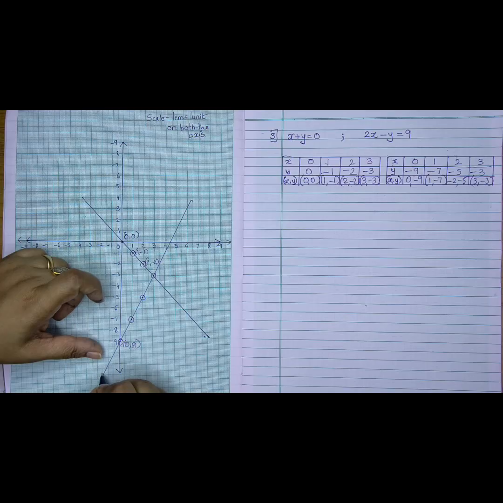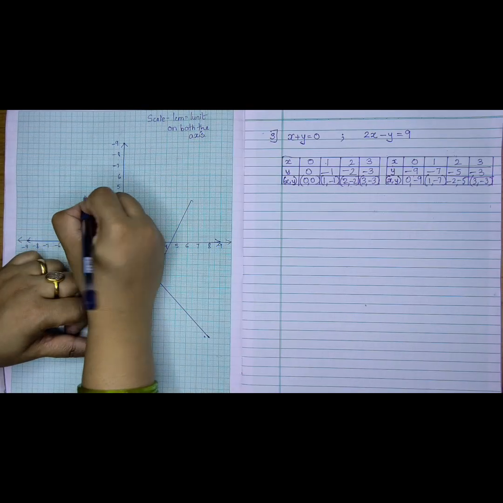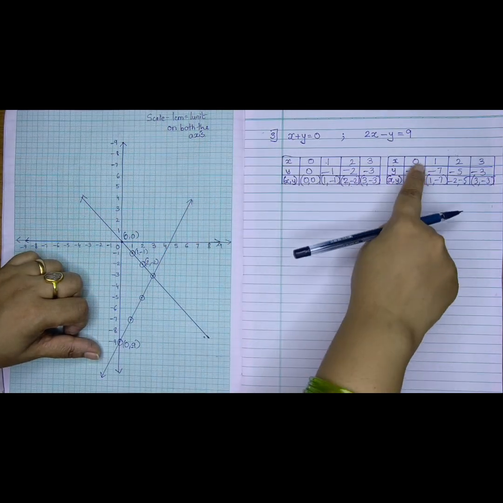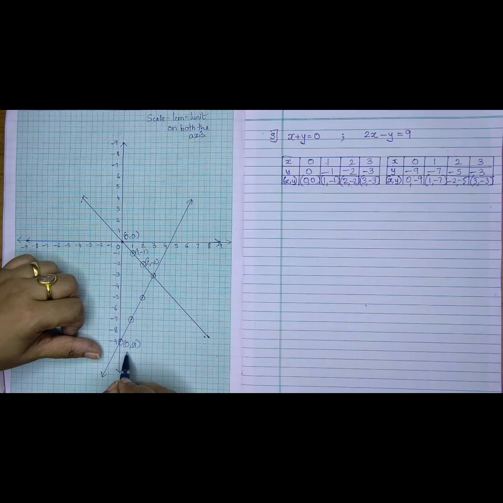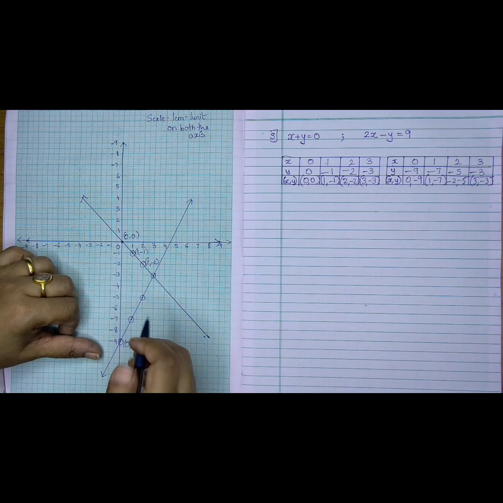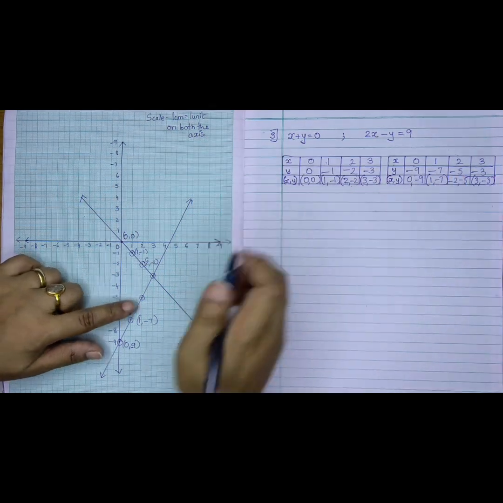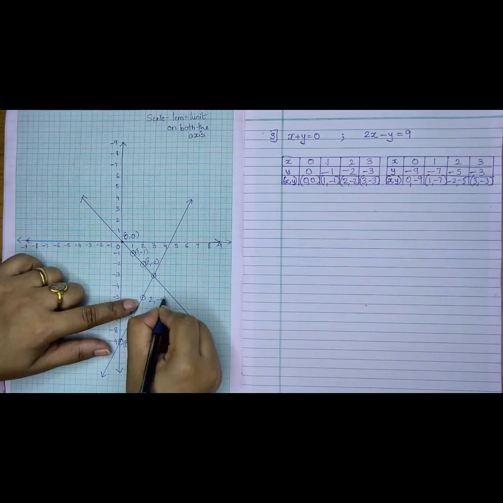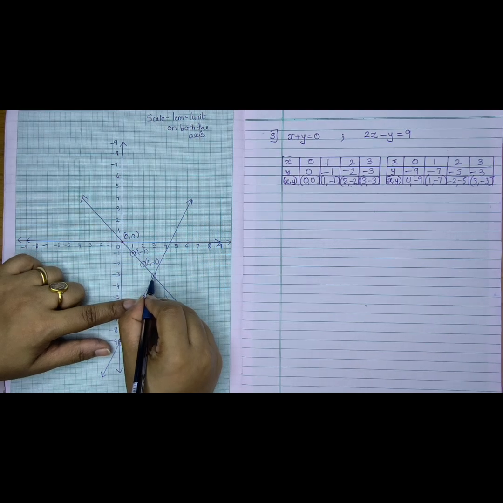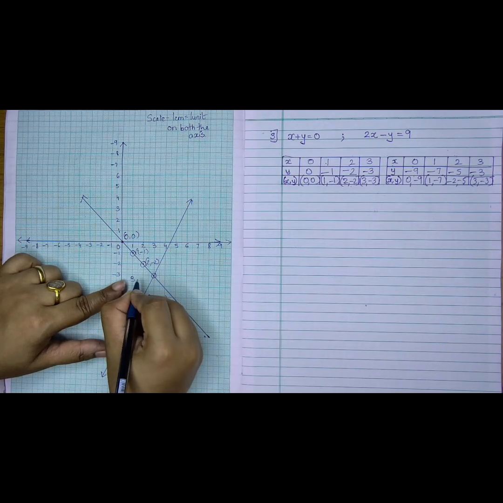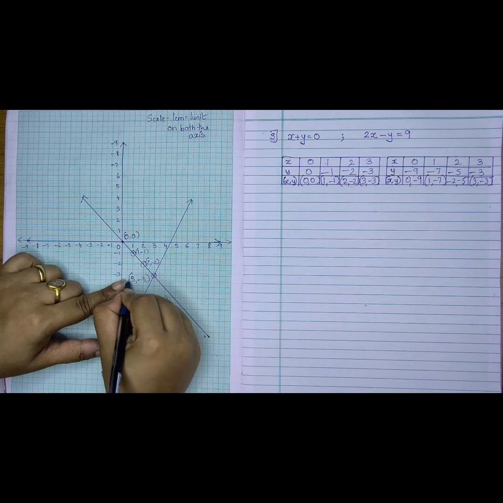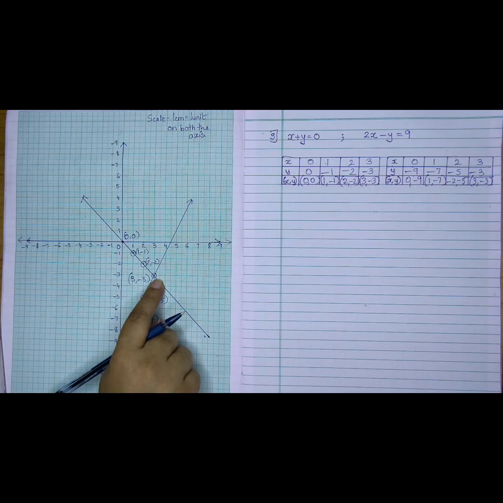Then this one: 0 and minus 9 we have written here. 1 and minus 7, 2 and minus 5. This is common here, 3 and minus 3. So it is intersecting also over there only.